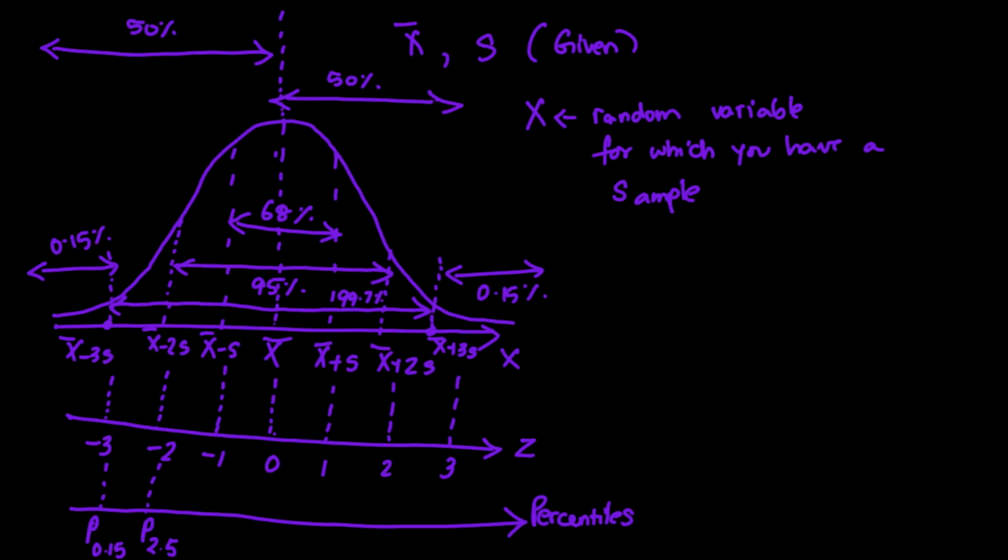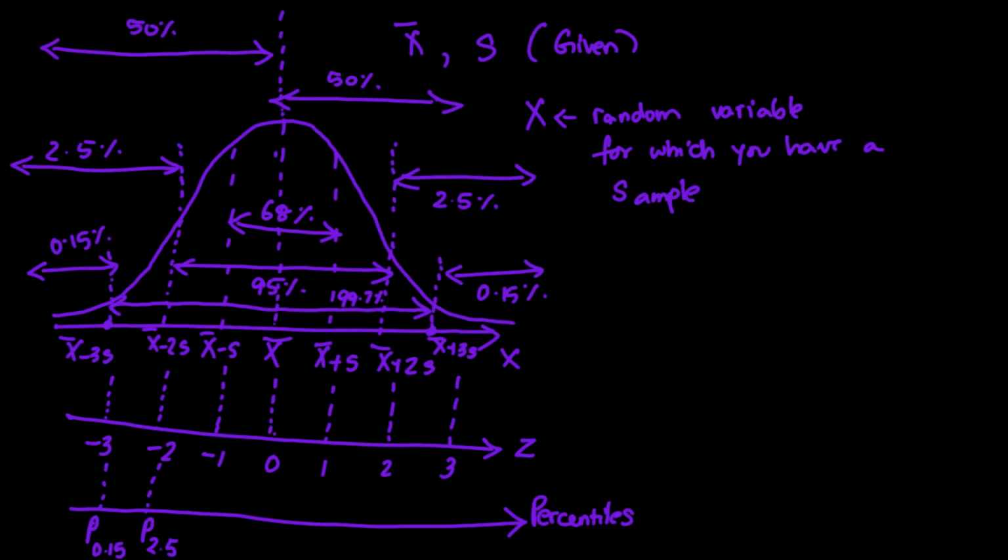In other words, 95% is between the two standard deviations, so 2.5% must be below x bar minus 2s, and 2.5% must be above x bar plus 2s.